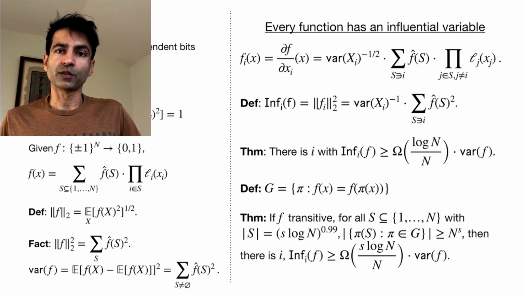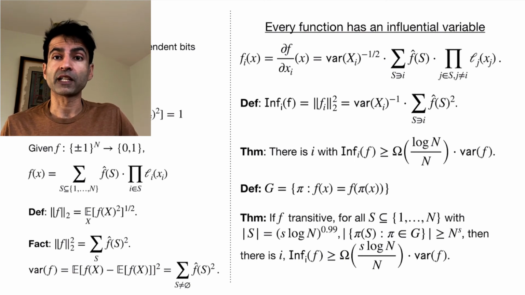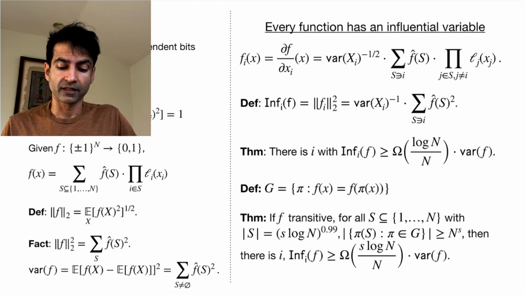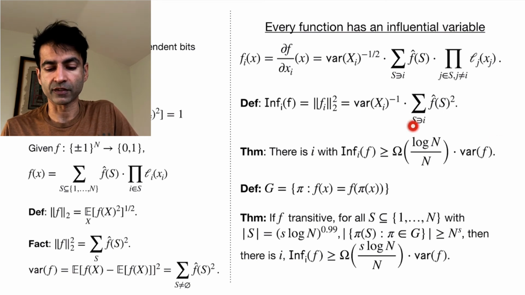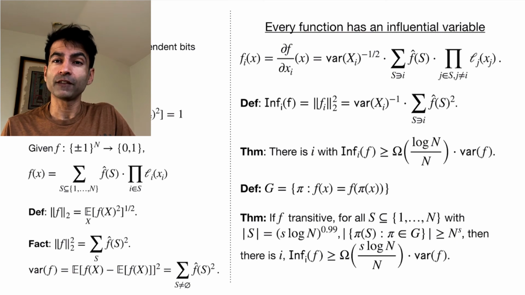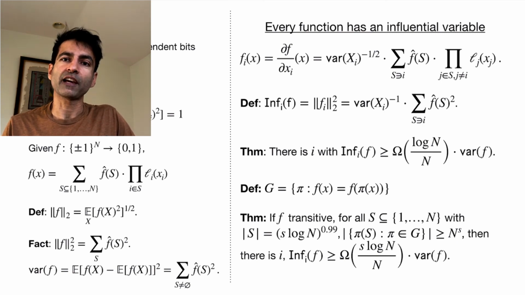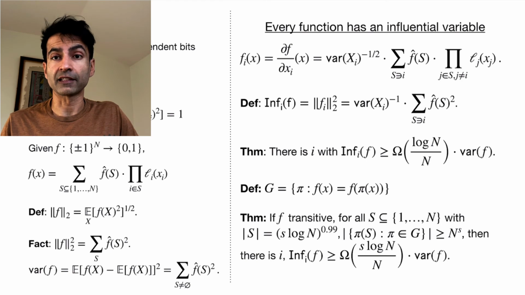But a really nice result is that you can do better when f is a Boolean function. When f is Boolean, one of the influences must be at least omega of log n over n times the variance. And you can do even better when f is a function that is highly symmetric.